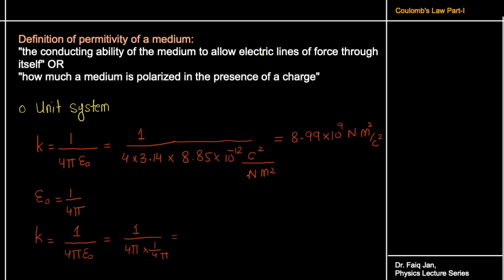We will get, that will cancel out 1 by 4 pi, and we will get 1. So in CGS units, the value of the electrostatic constant is 1, while in SI units, the numerical value of the electrostatic constant is about 9 into 10 raised to power 9 Newton meter square per Coulomb square.